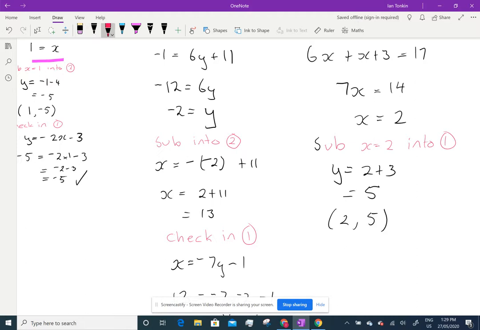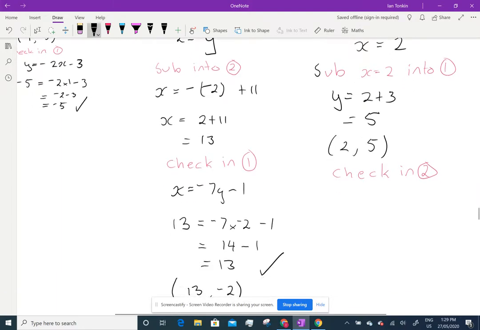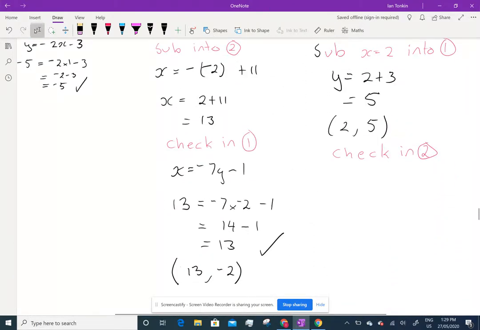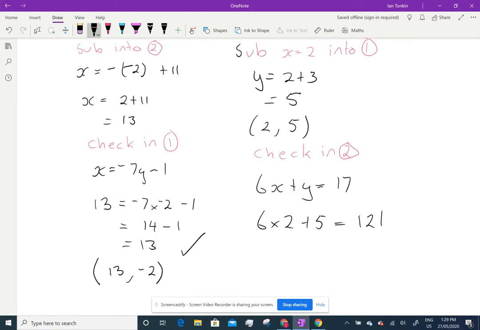I need to check that in equation number 2. 6x plus y equals 17. 6 times 2 plus 5 equals 12 plus 5 equals 17. It checks out. My answer is correct.